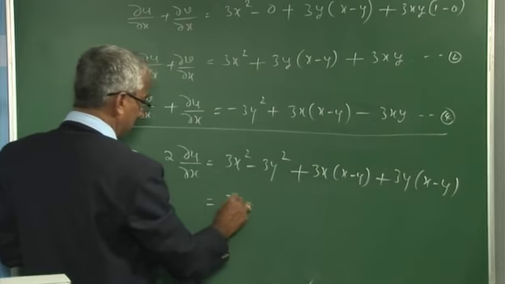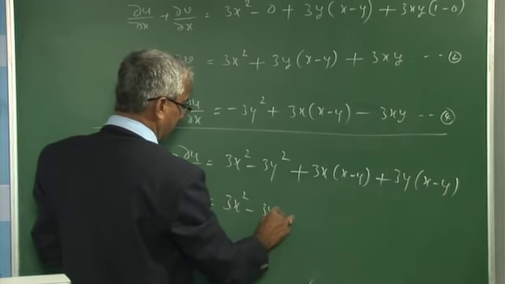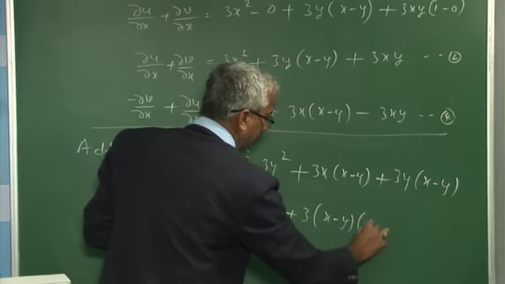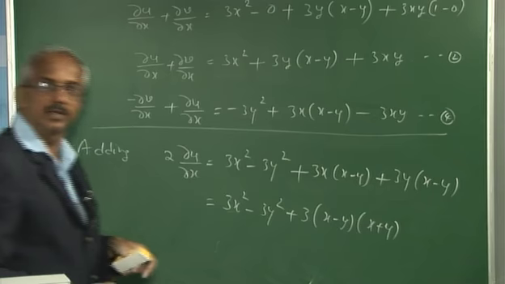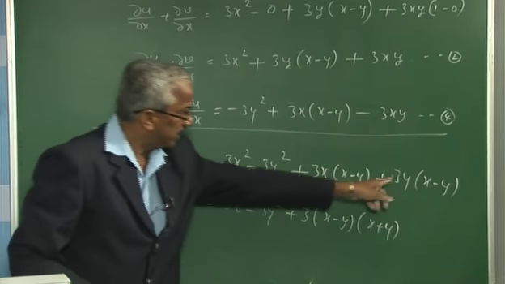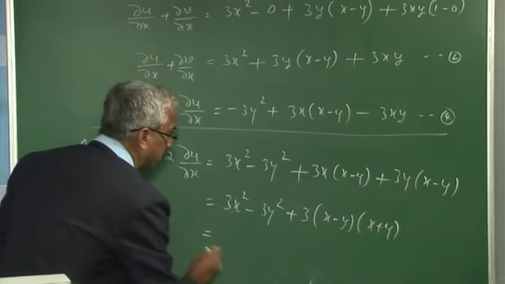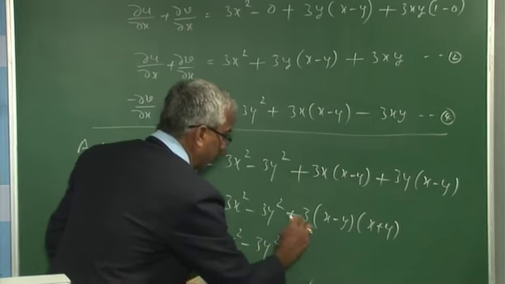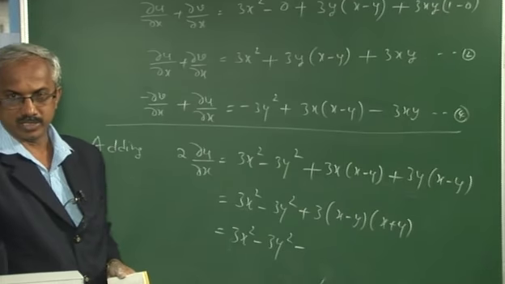So, this gives 3x squared minus 3y squared plus 3 into x minus y into x plus y. So, I got this simplification, and x minus y into x plus y is x squared minus y squared.